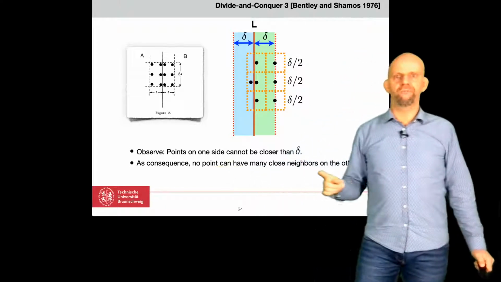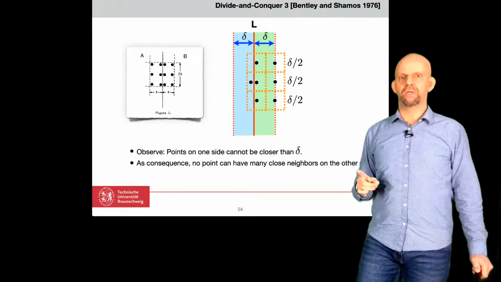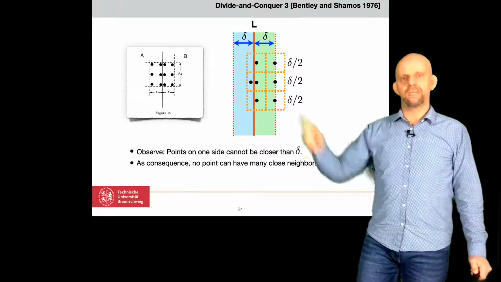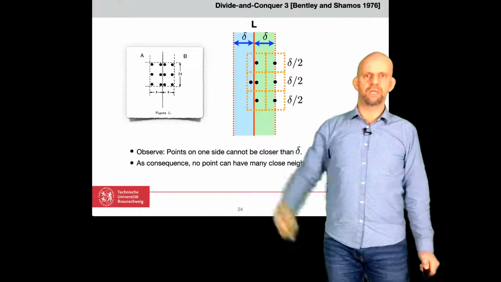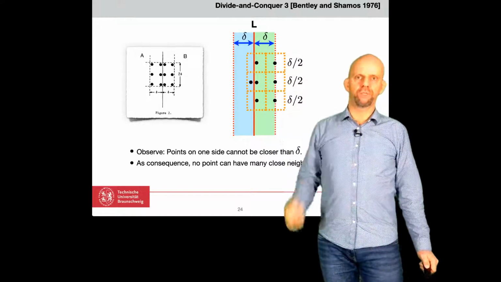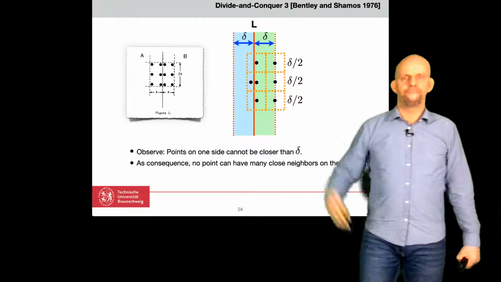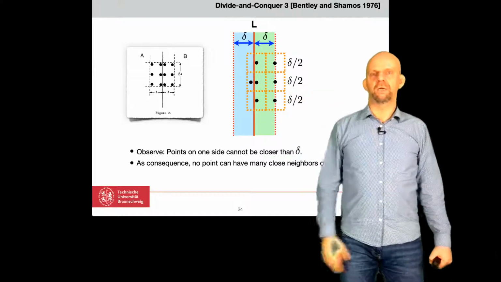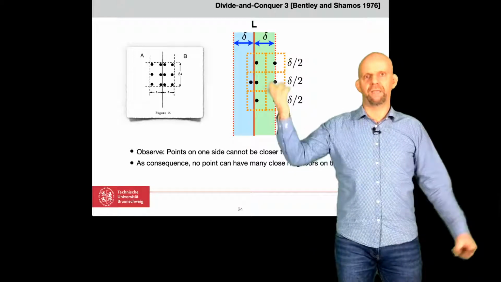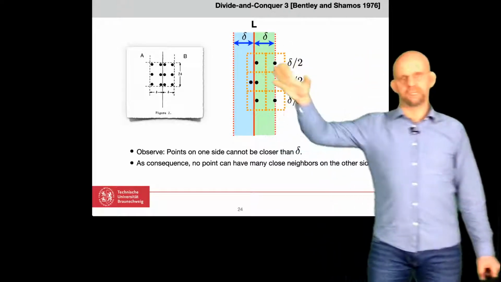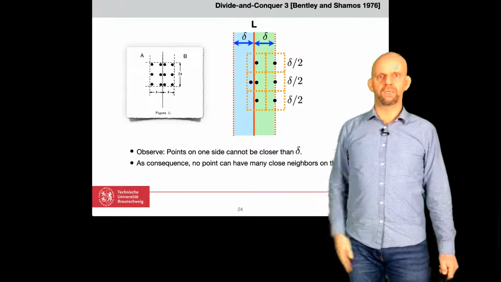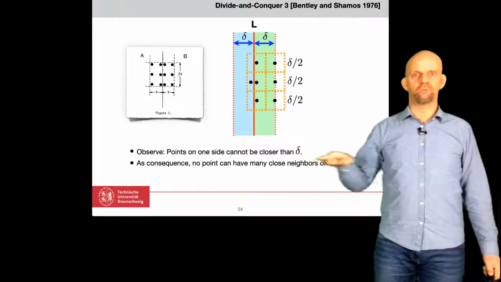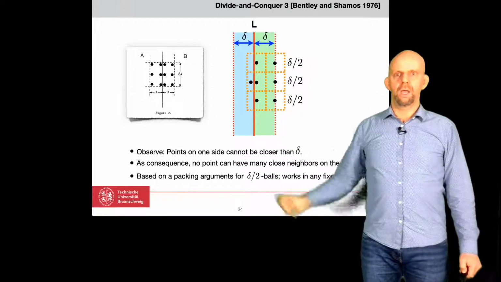No point can have many close neighbors on the other side. When I say many here, I'm arguing 6 here, but of course some of this generalizes to higher dimensions, and then it's not 6. It can be a different number, like 18 or so in 3D. It's a constant always, and regardless of what you do, you don't get too many of these neighbors.